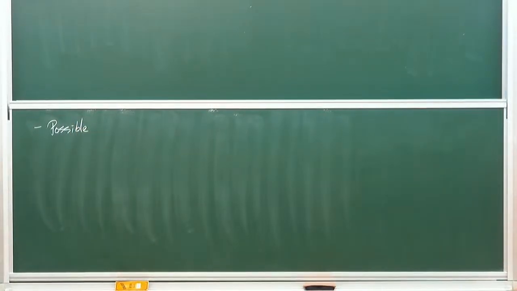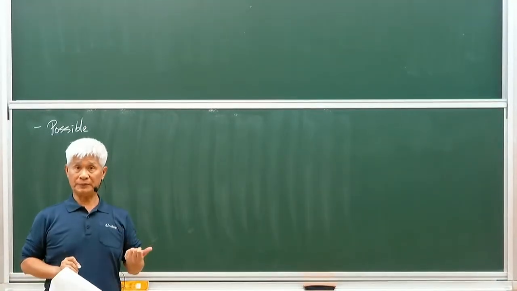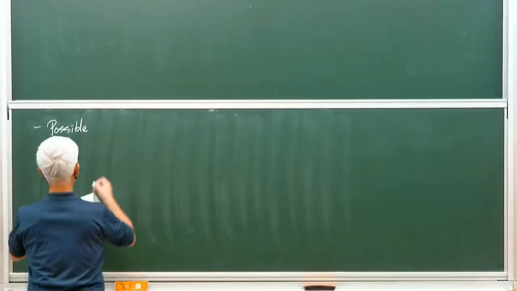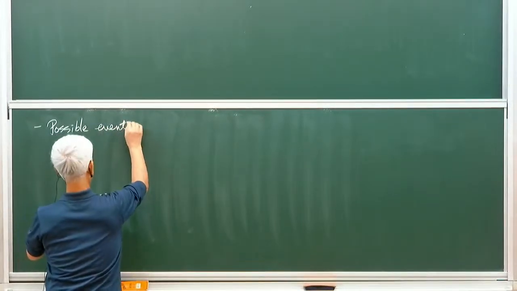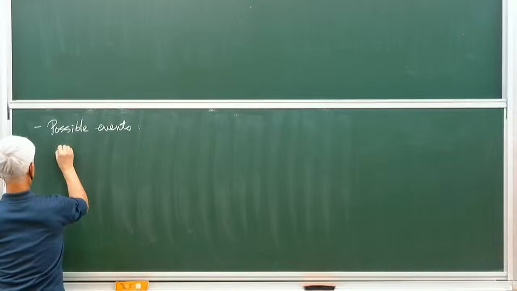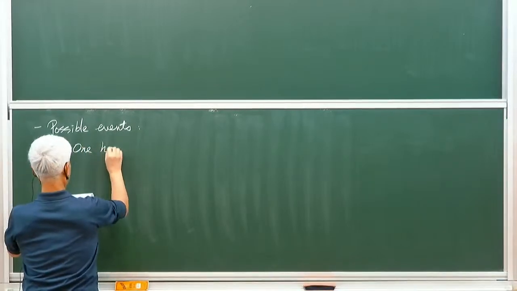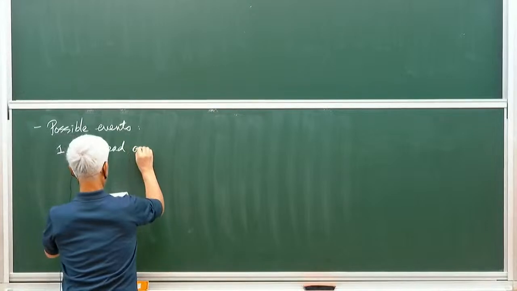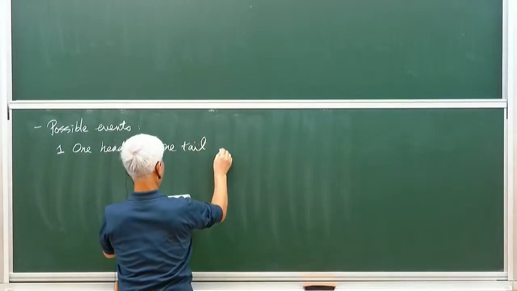Now in many cases, we want to describe the outcome of a random experiment by a verbal description. So we call these events. For example, the first event is that one head and one tail appear.